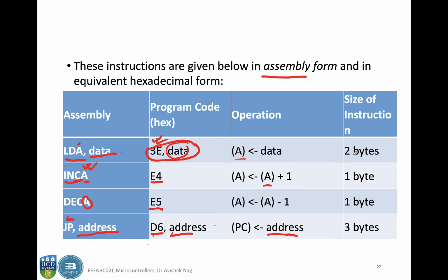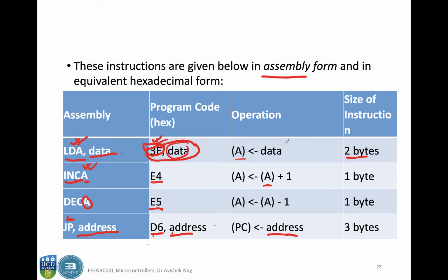And then each of these instructions has some size. So this is a 2-byte instruction because your load A, the instruction itself is 1 byte because it is denoted by 3E, which is 1 byte of data, and the data which will be loaded is another 1 byte.